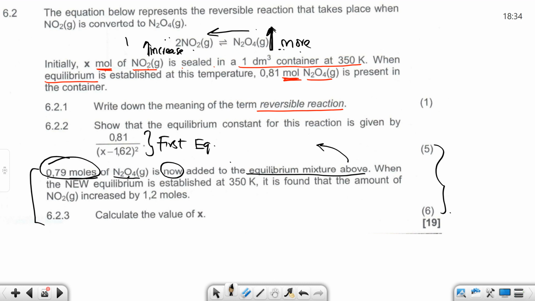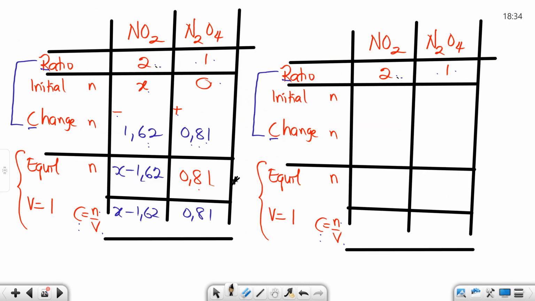All right. Let's finish. Now, what do we do? What was our equilibrium mixture of N2O4? 0.81. Now we add 0.79. Are you okay with me saying that becomes the new initial? Because we are starting. No. It doesn't become a new initial, because now the system needs to do its own job.